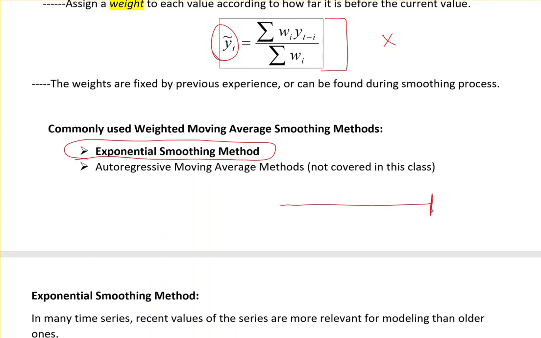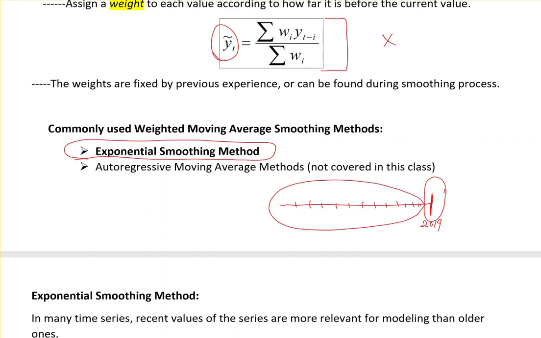For example, this is the year 2019, and then I have the previous years. I just divide them into two parts: one part is just for this year, and the other part is all the historical values, all the previous values.